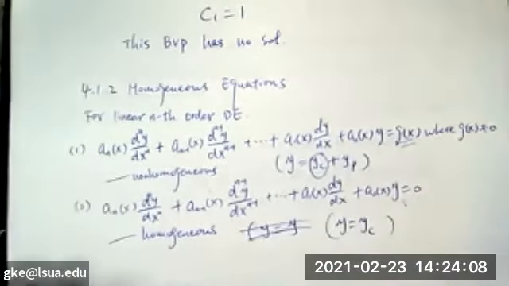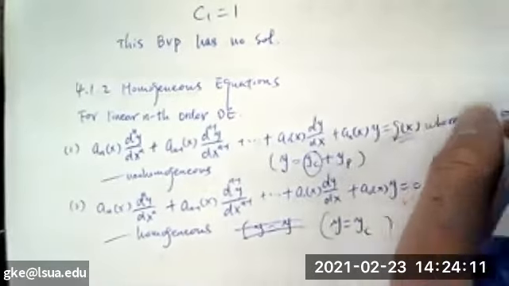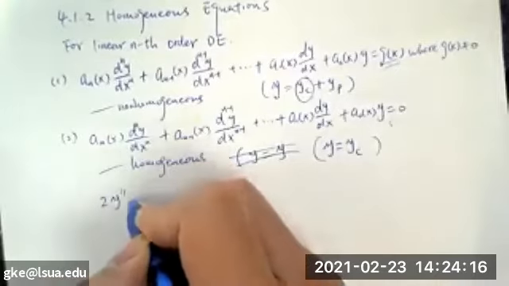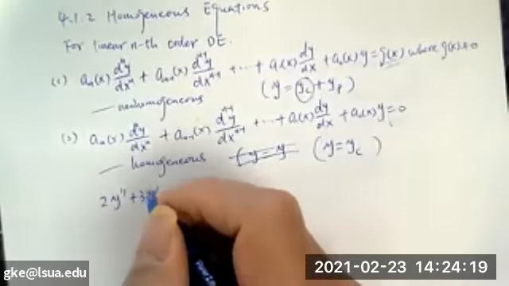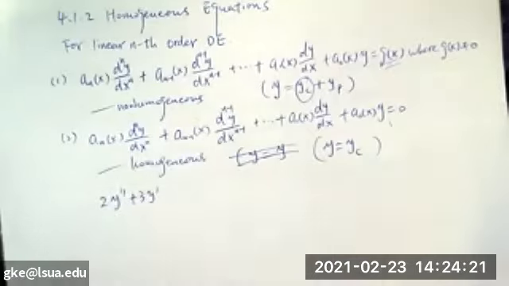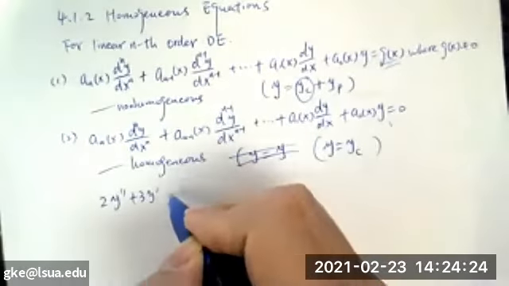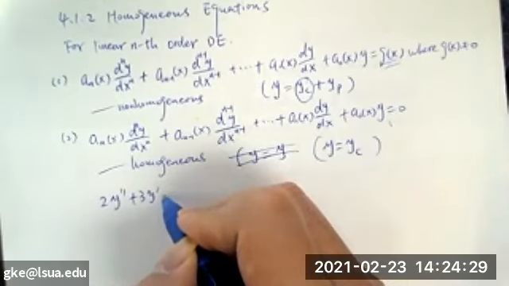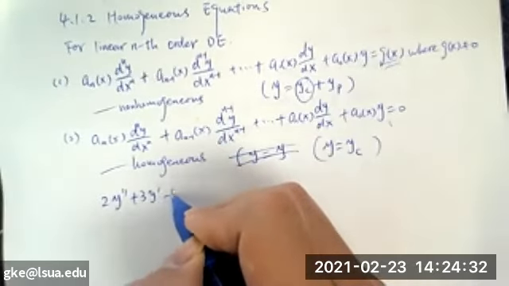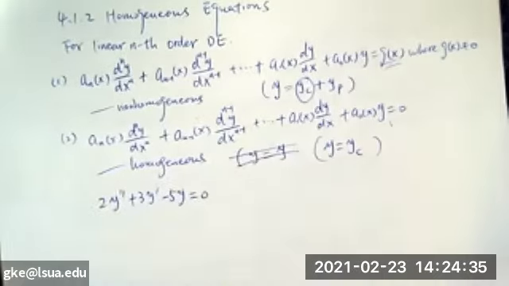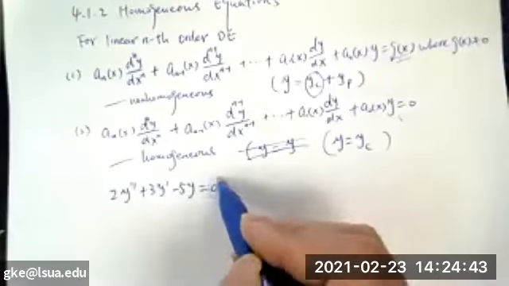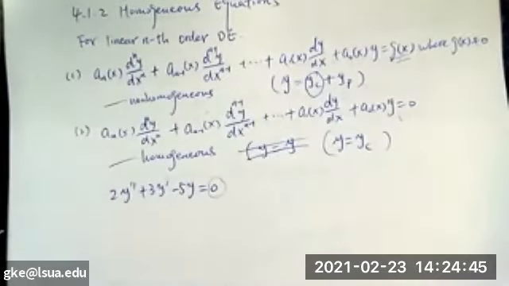Now let's take a look at an example. For this guy, is that homogeneous or non-homogeneous? Of course, it is homogeneous because g(x) equals 0, right?